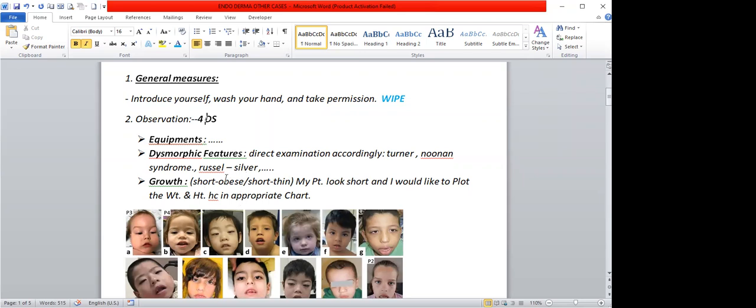This is the most common association. And if the child is short and thin, then we can suspect other findings associated with that kind of children. Short stature is classified as dysmorphic and non-dysmorphic. We will go into that part later on.